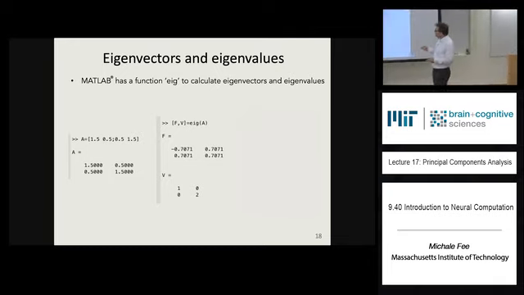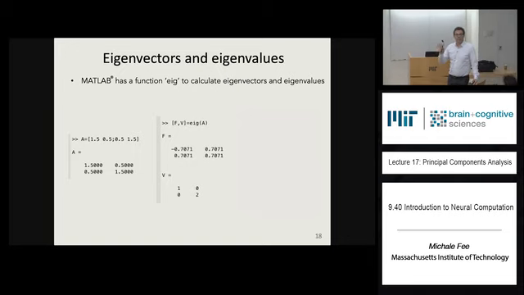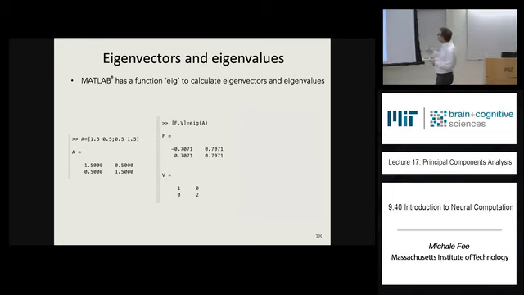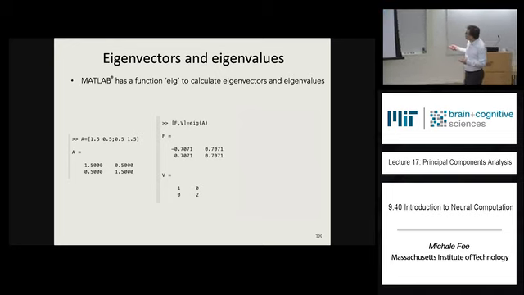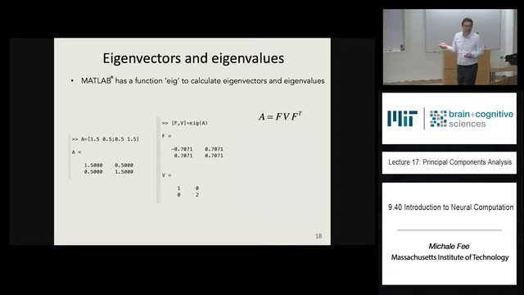All right, let's push on toward doing principal components analysis. This is just the machinery that you use. I had one more panel here, which shows that if you take F and V, you can reconstruct A. A is just F V F transpose.